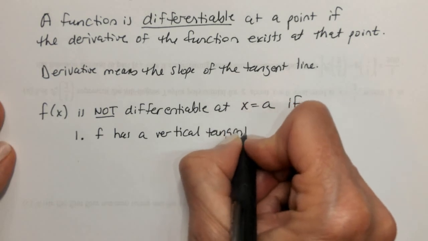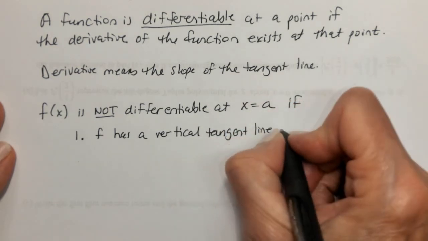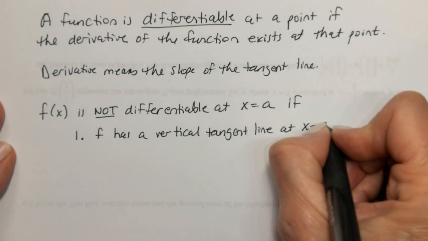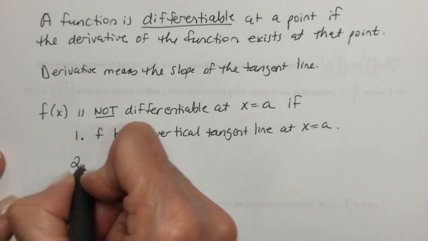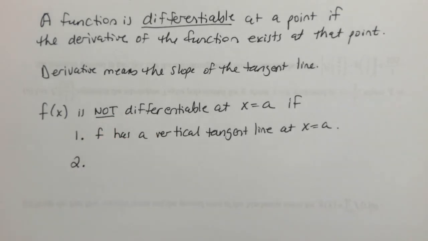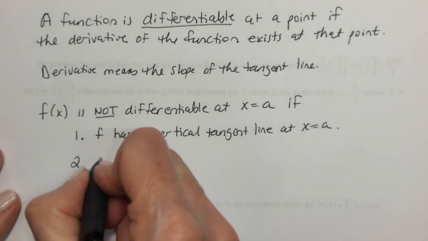So if f has a vertical tangent line at x equals a, f is not differentiable at x equals a. Okay? Another thing that would make a function not differentiable at x equals a is if f is not continuous at x equals a.